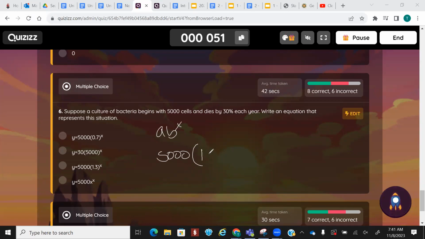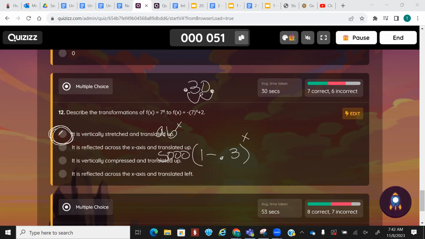So 1 minus 0.3. Why did I put 0.3? Well, I took 30% and moved it 2 decimal places over. Okay, so that's going to give me this guy up here. Oh, well, it was the first one. 0.7.